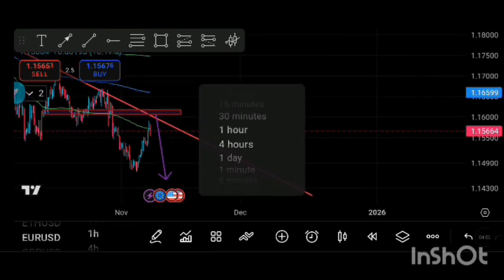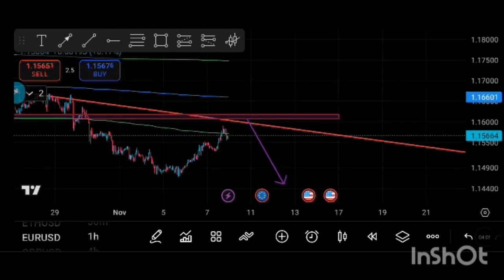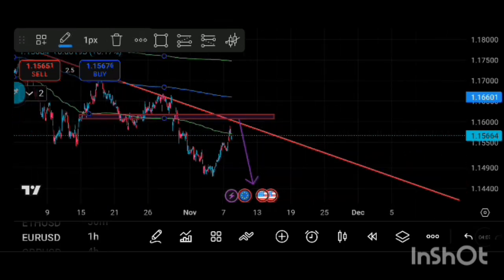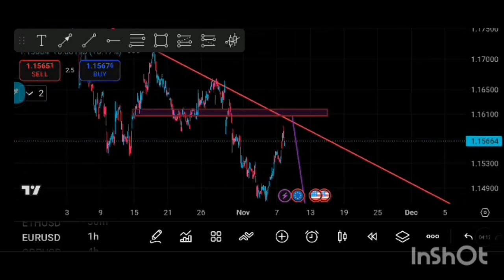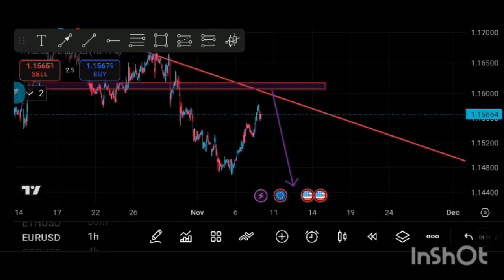So obviously I want to come to the 1 hour time frame and look for entries, or also on lower time frames. Depends on you, depends on your style. Let's see.